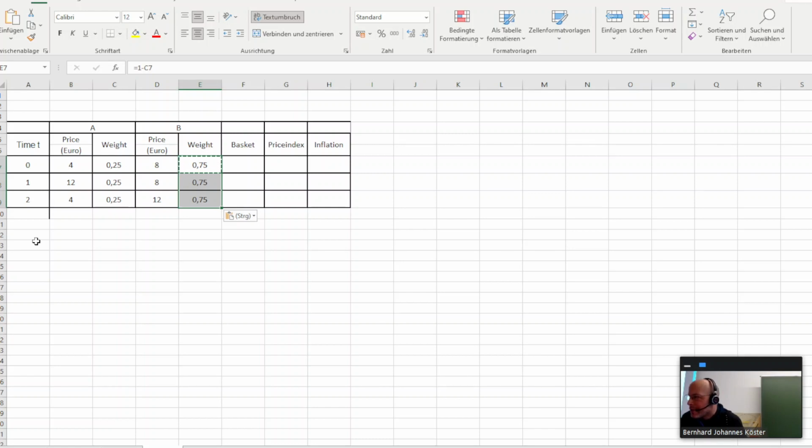But anyhow, we talked a lot about aggregated macroeconomic numbers. We also talked about indices, and about what the consumer price index is. There we said this is a weighted arithmetic average.